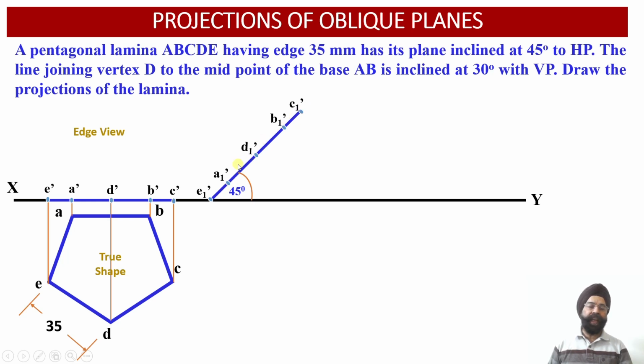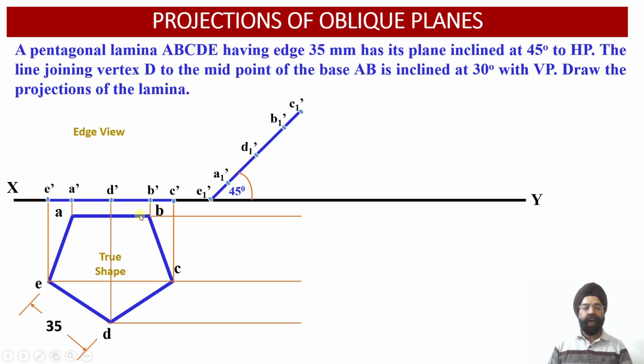Now having obtained the front view projections of this lamina, when the lamina is inclined with respect to the horizontal plane at an angle of 45, we need to obtain the corresponding top view projections of this lamina below the XY reference line.